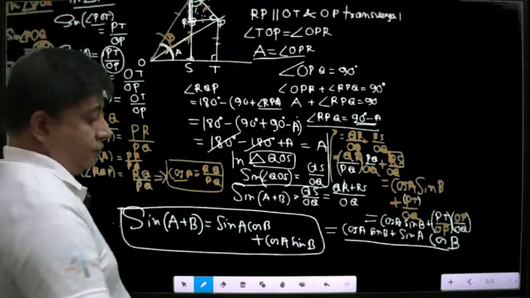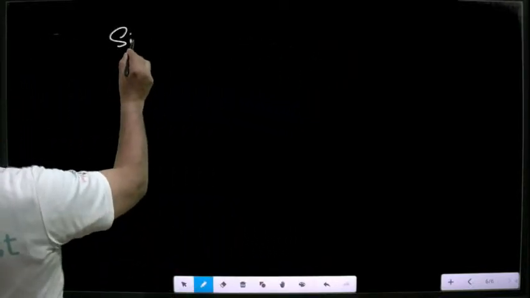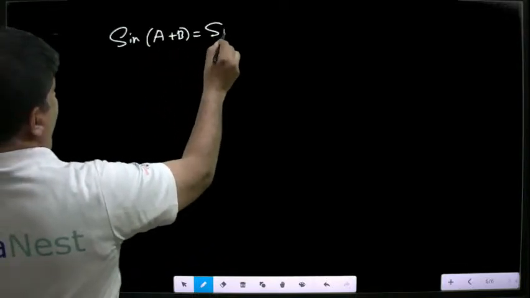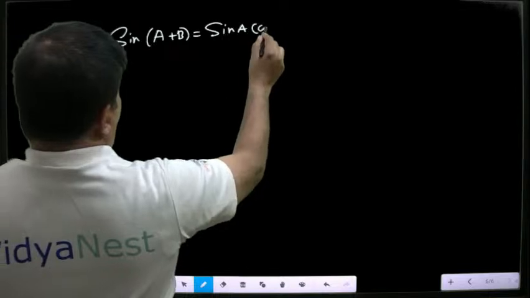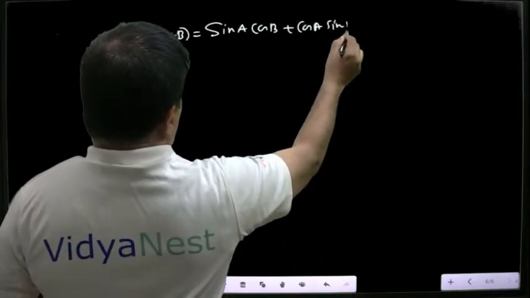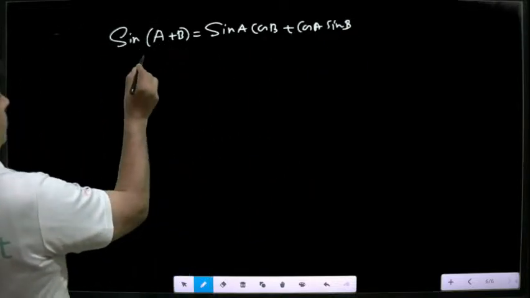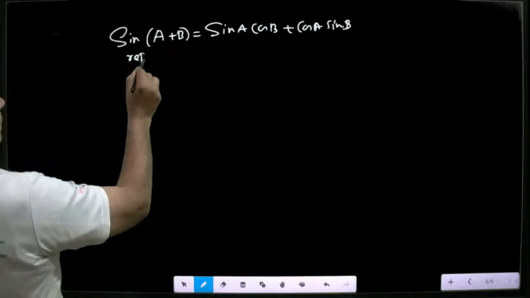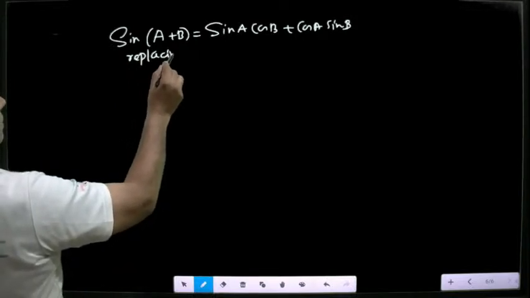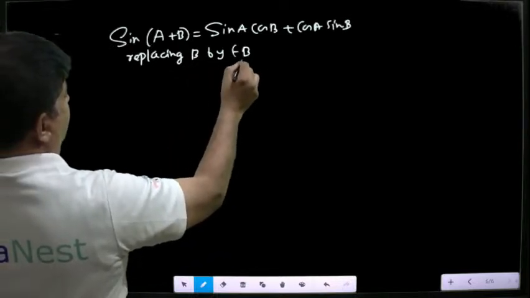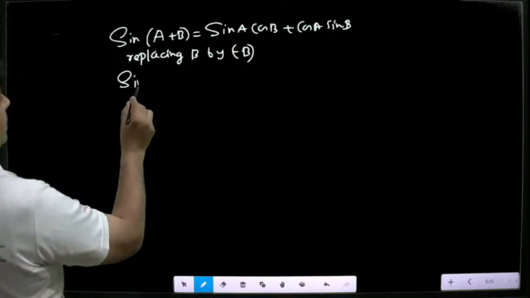So in the same manner, the way I have got sin A plus B, sin A cos B plus cos A sin B, we will replace B by minus B. What we will get?